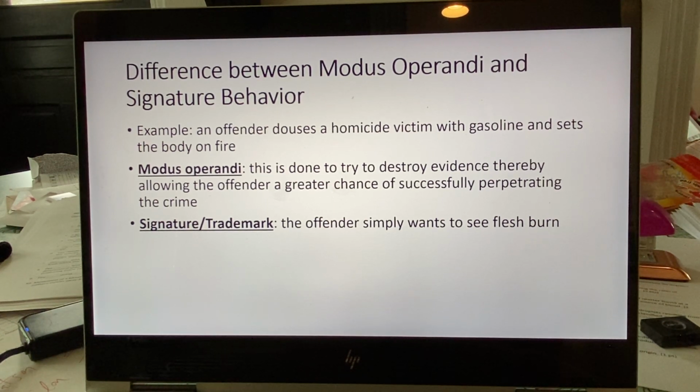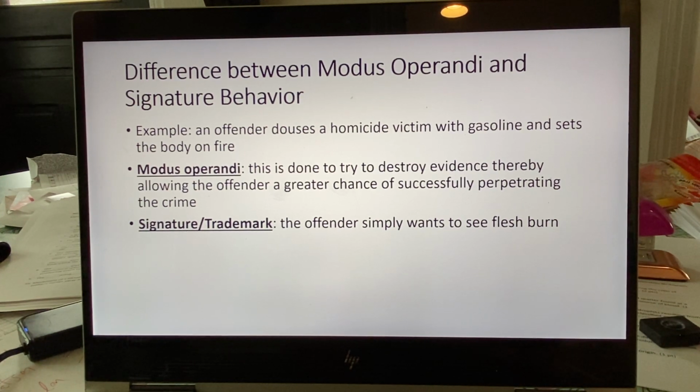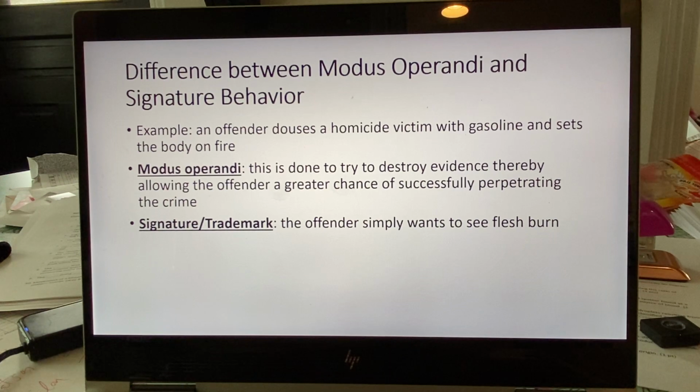It may also be, I want to buy time because it's going to take longer for them to identify the body, whether they can do it through dental records or fingerprints or DNA, but it's going to buy me some time. So that makes sense. That person is doing this to try to be successful and to get away with it. If that were a signature or trademark behavior, it'd be, I'd like to see a body burn. I just want to see flesh burn, and that's within their own brain. So that is the difference between those two.